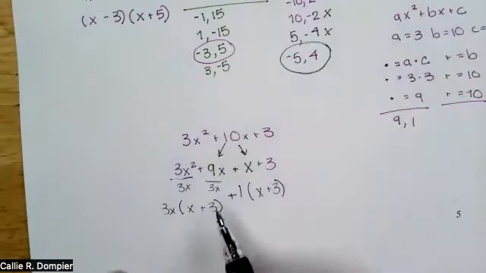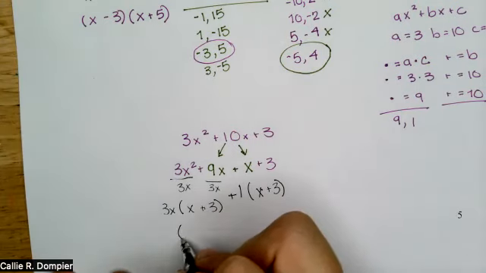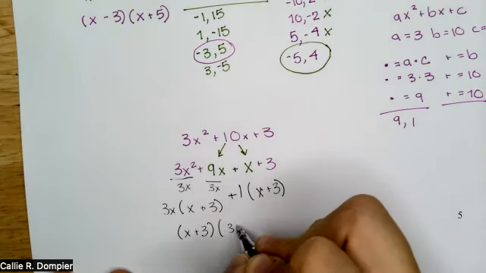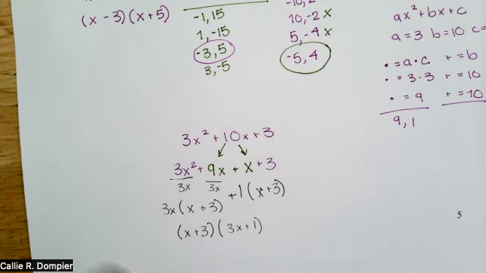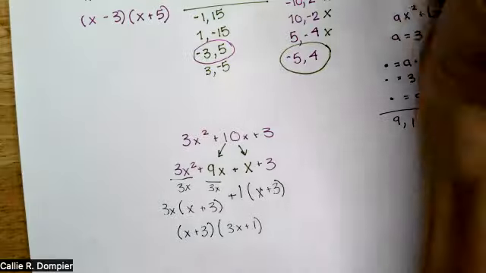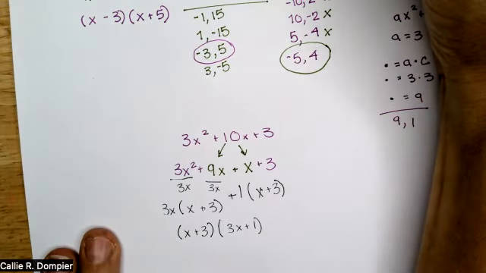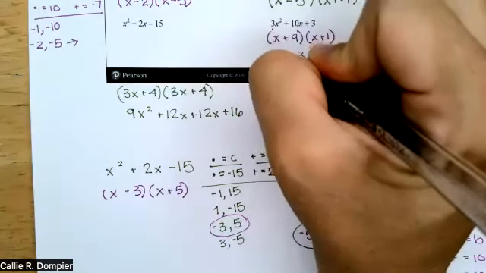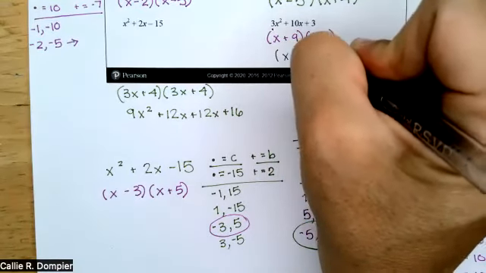But you see that we still get the x plus 3 as a factor, and then 3x plus 1. Good. So this one up here is not x plus 9, x plus 1. It is x plus 3, 3x plus 1.